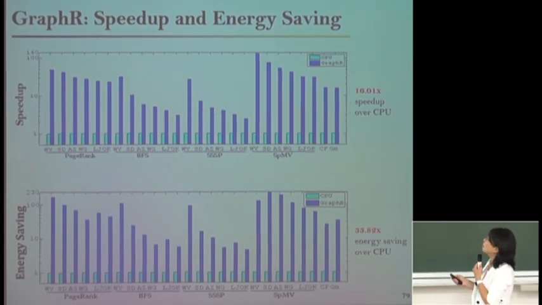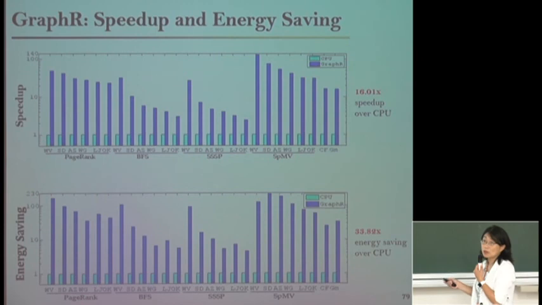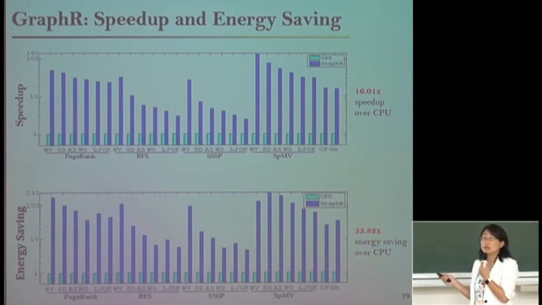For all of them, generally speaking, compared to CPUs, it improves the speed quite significantly and also saves a lot of energy. All these estimations are conducted at the architecture-level simulations. I just want to give you a concept over here. Any questions for graph processing?